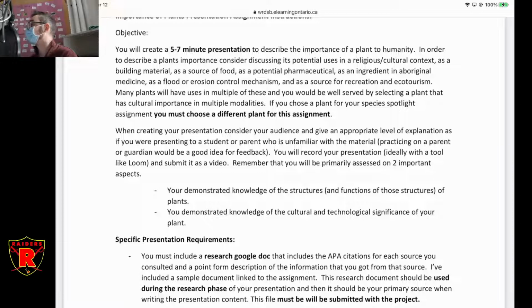You can make a presentation out of that, but you've got to do a deep dive on the cultural significance of roses. So it is possible to do it well, but if you're not looking to get super deep into the history and cultural significance of roses, you may want to pick something that has a diverse number of uses.